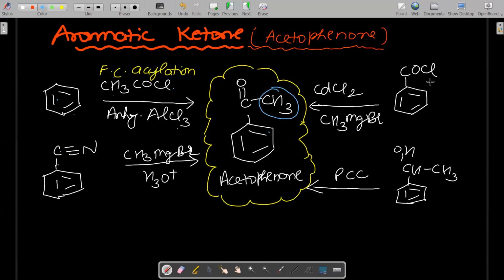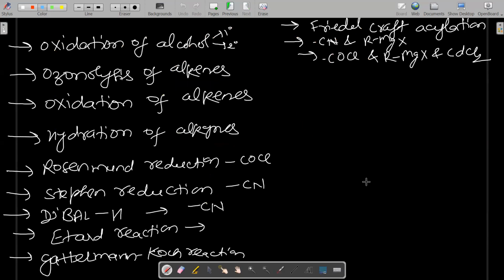Benzoyl chloride to benzaldehyde, palladium BaSO4, that is Rosenmund reduction, but from benzoyl chloride to acetophenone, we can get this also. So you observe every reaction we are getting, and from this we can get acetophenone by oxidation. I hope it is clear to all of you. So you have to just revise everything.